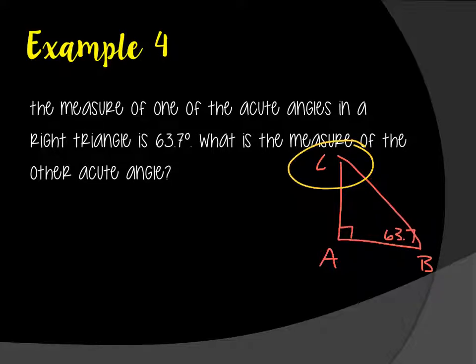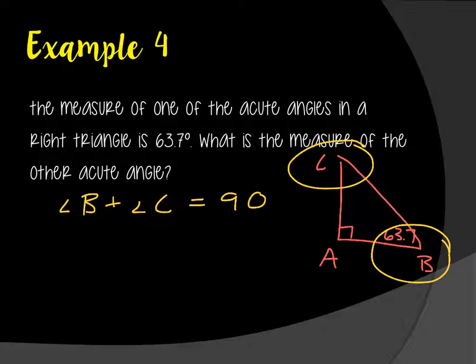So we know if we add the two acute angles, they equal 90. So angle B plus angle C is equal to 90. What do we know that angle B is equal to? 63.7 plus angle C is equal to 90. So how do we get angle C all by itself?